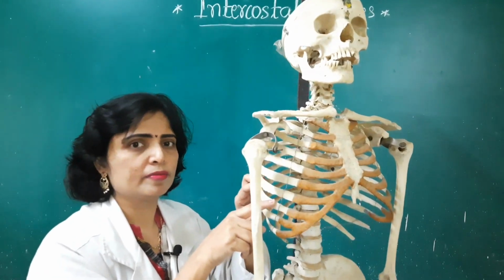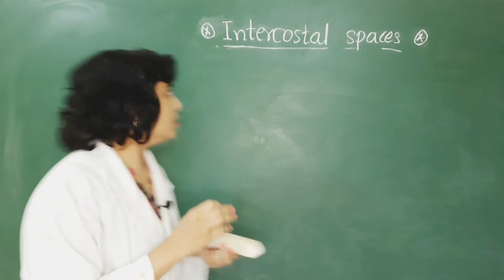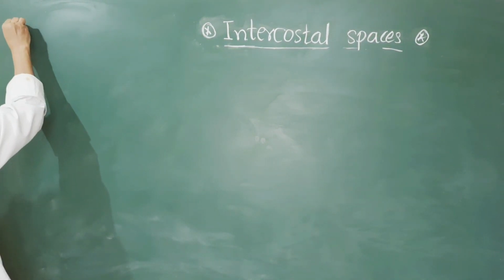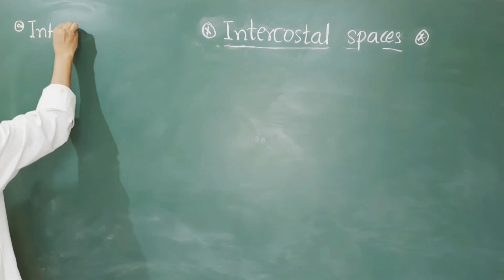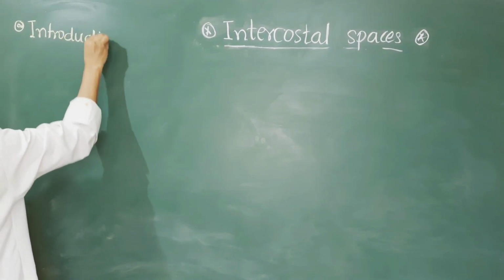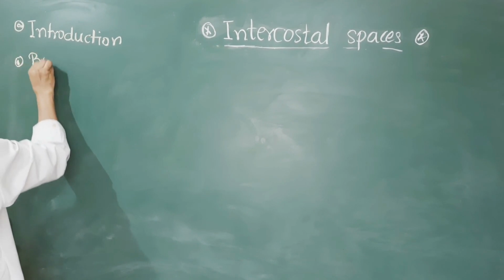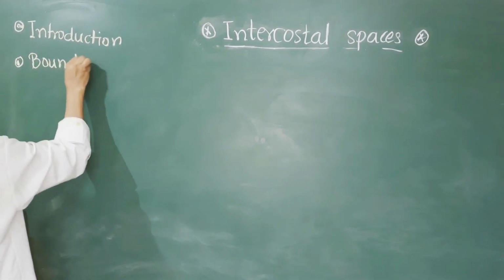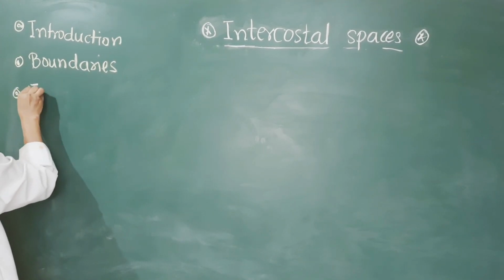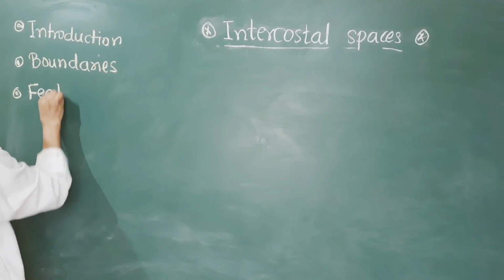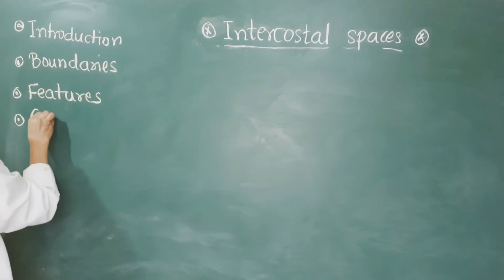We will see these intercostal spaces under the following headings: introduction to the intercostal spaces, boundaries of the intercostal spaces, features of the spaces, and lastly the contents of the spaces.